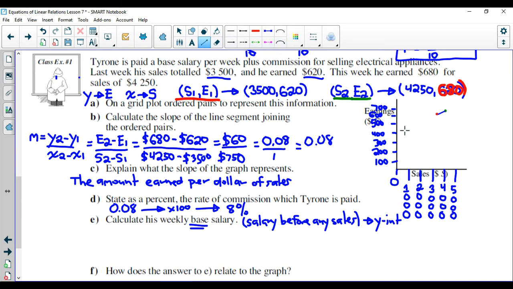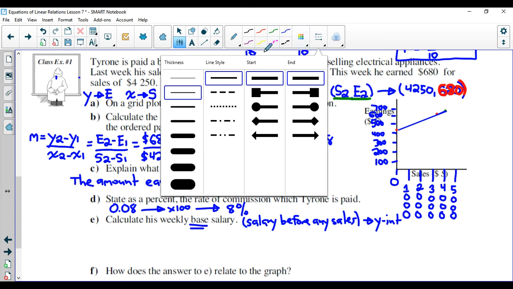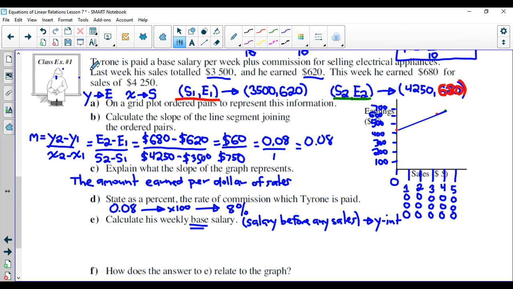So I'm going to take another line, and if I just take this line segment and extrapolate it down to the y-axis, it would look something like this. We're trying to figure out where this hits the y-axis, and that's going to be his base salary, because that's his salary before any sales have occurred. So we need a way to figure out what the y-intercept is.